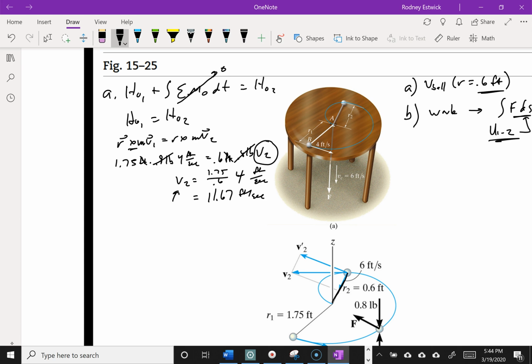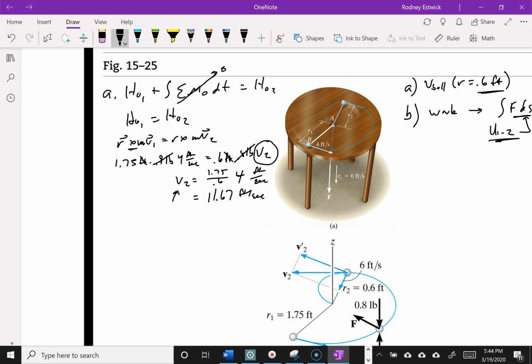If you look at this piece over here, we just calculated that term. There is another component that has nothing to do with the angular momentum, right? So we've got to keep that in mind. So that's only part of the equation.